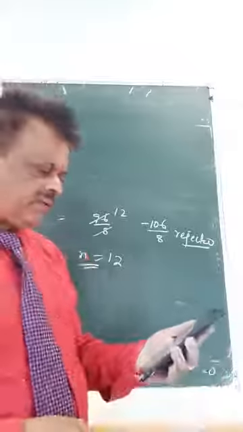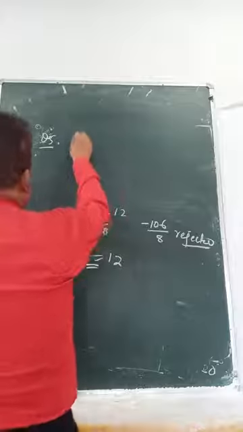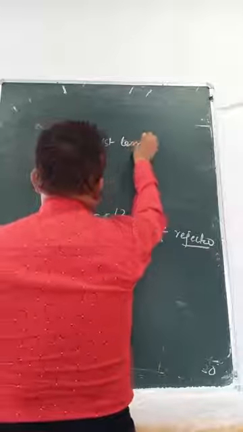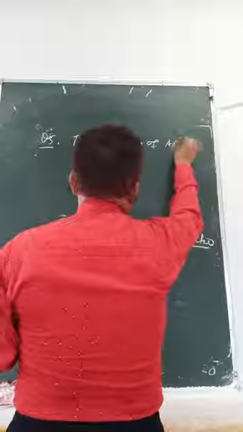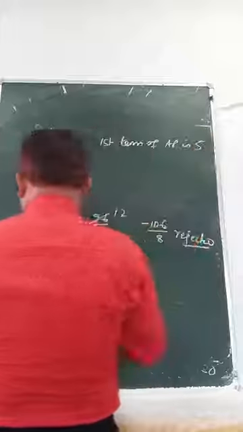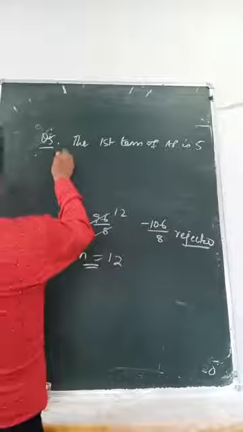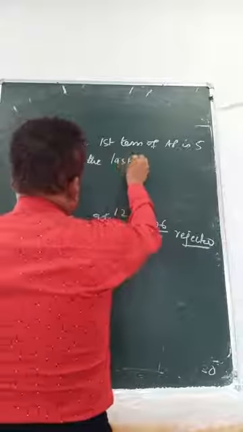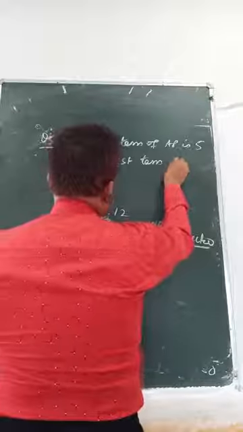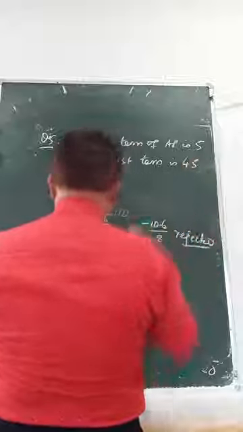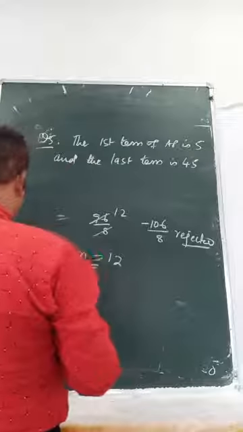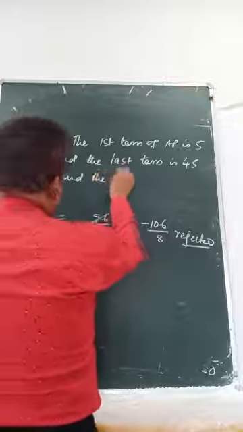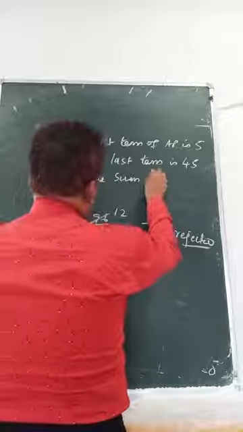Okay. Question number 5. The first term of AP is 5 and the last term is 45 and the sum is 400.